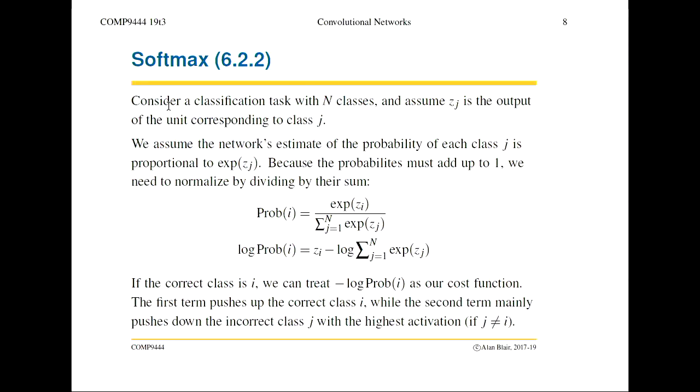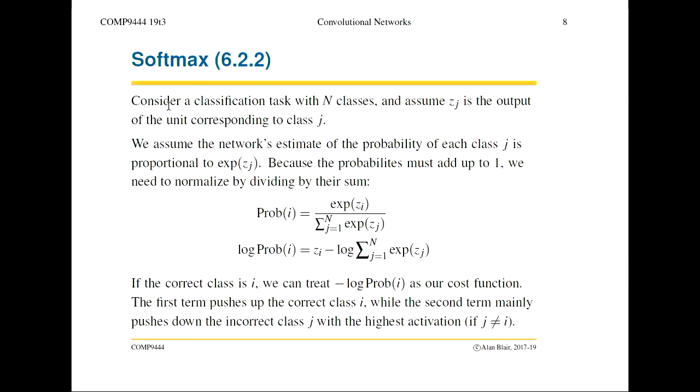So the way we train the network usually is what's called the softmax function. And what happens here is the network has 10 outputs, Z0 up to Z9 or Z1 up to Z10, and then we calculate e to the power of each output.